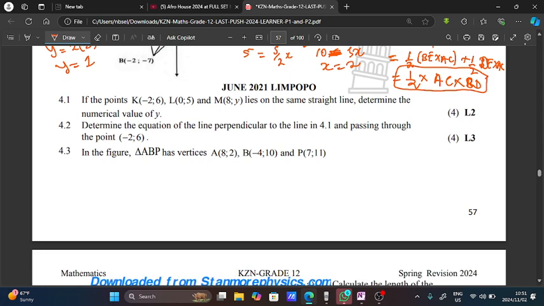These ones that are not drawn, normally you get them in grade 10, where they just ask you the questions and the points lie on a straight line. If they are lying on a straight line and they want the value of y, what is the technique then?